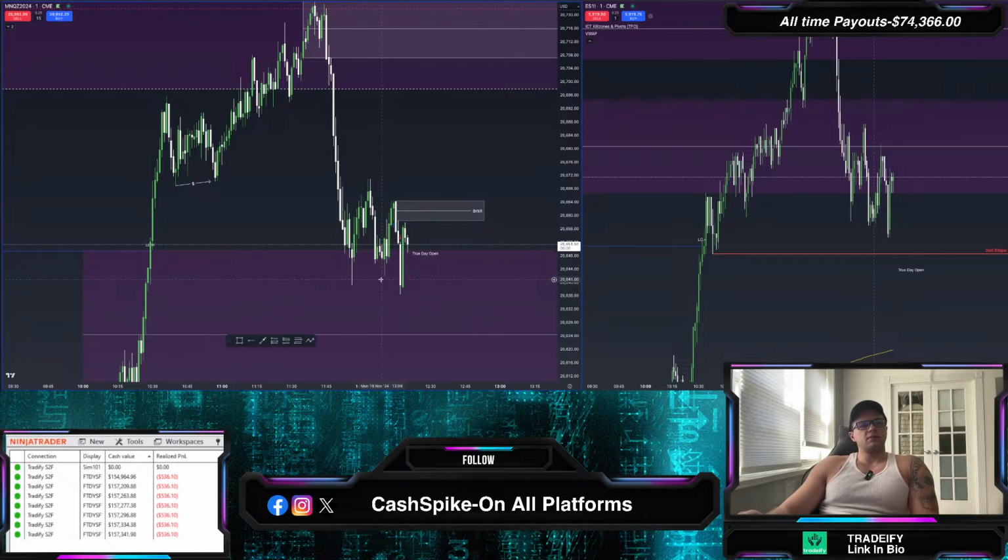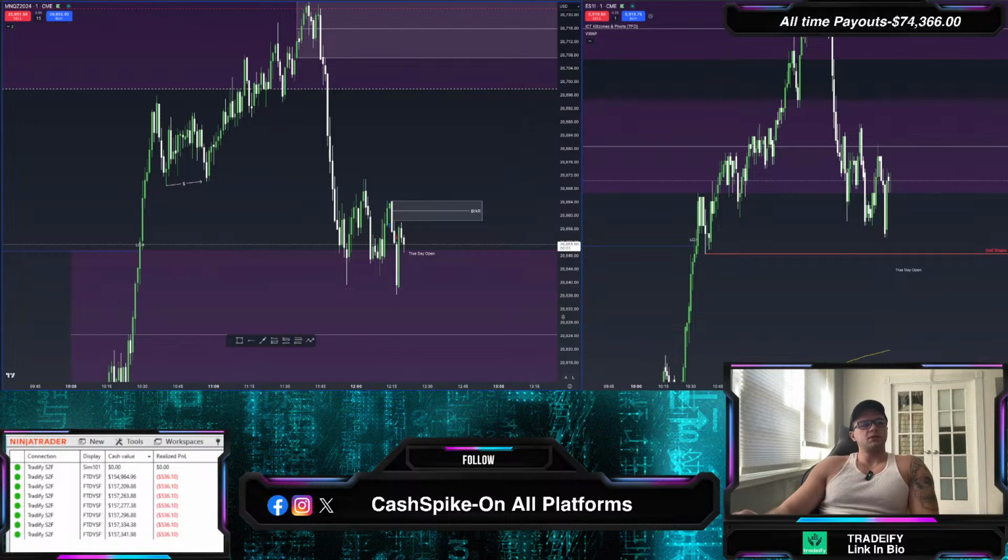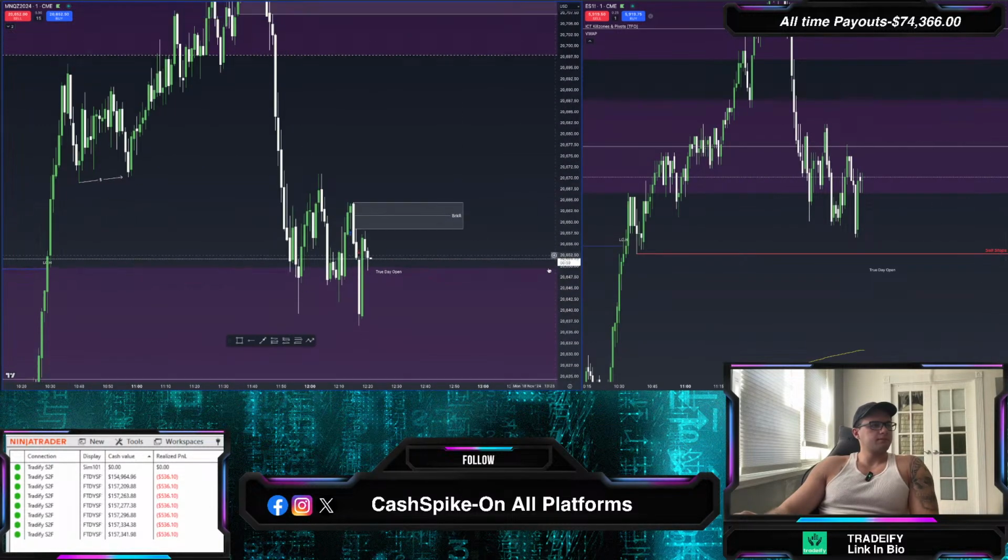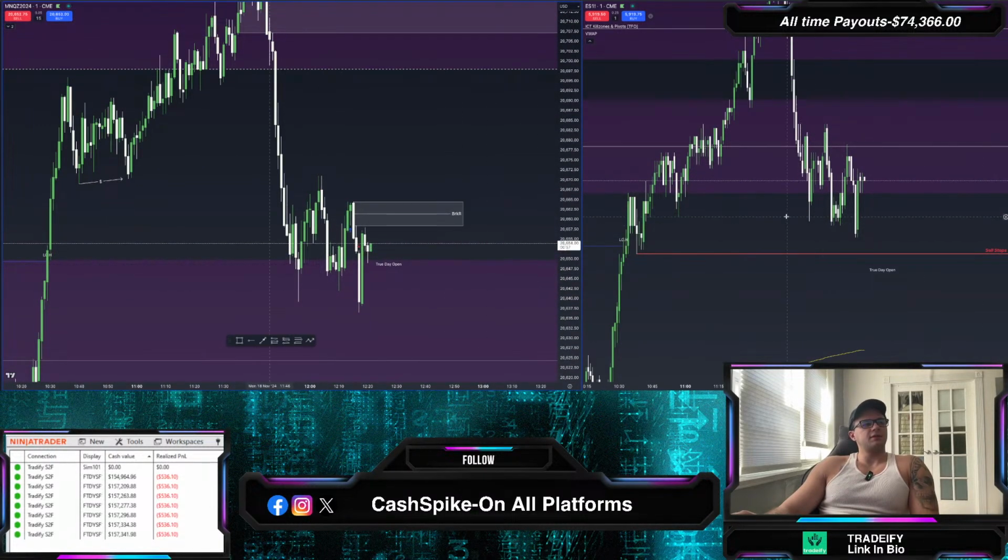Entries based on SMT, although yes, with the liquidity, it's a bit bad. The SMT got invalidated straight away.